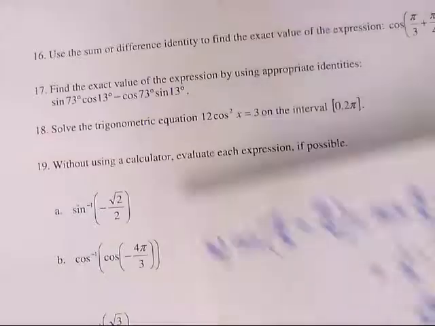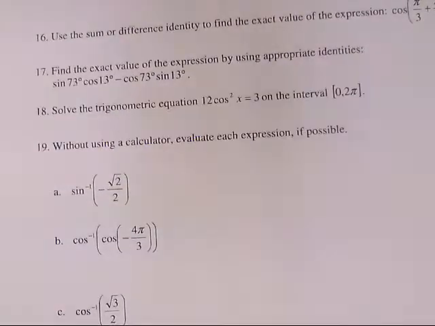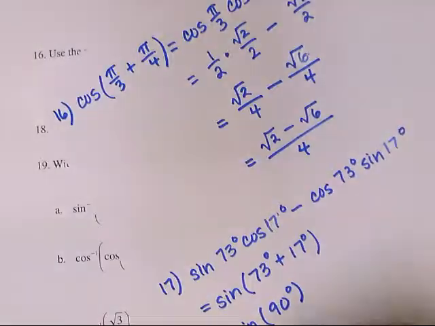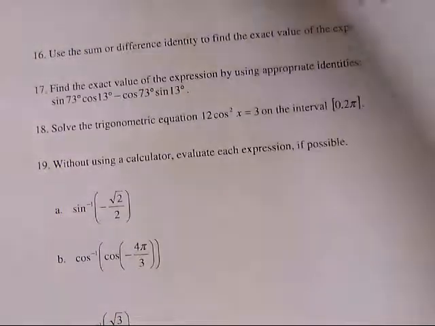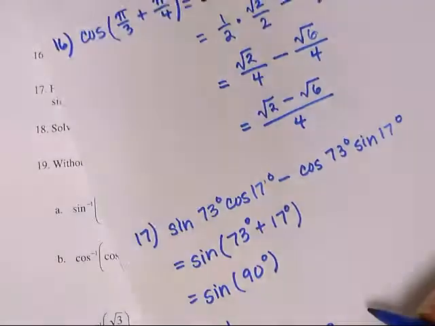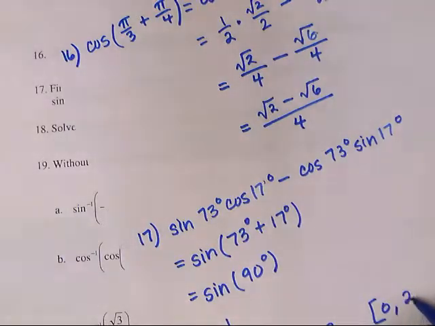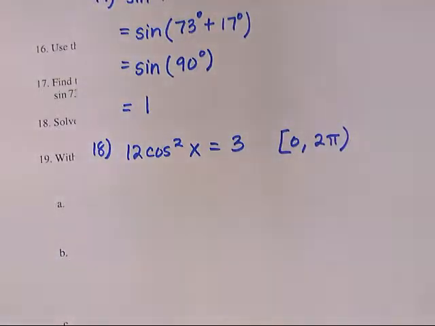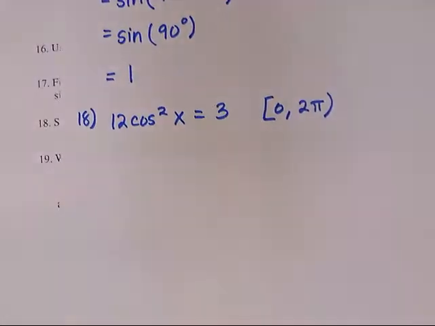Alright, number 18. Solve the trigonometric equation 12 times the cosine square of x is equal to 3 on the interval 0 to 2 pi. Okay, that's the trigonometric equation that we're going to try to solve.